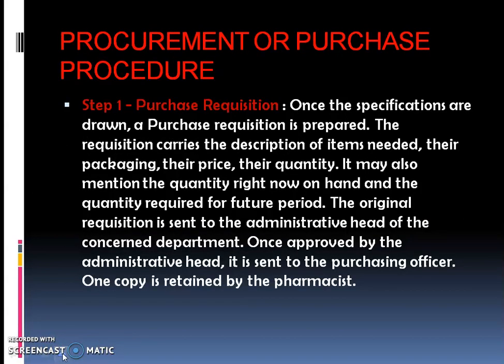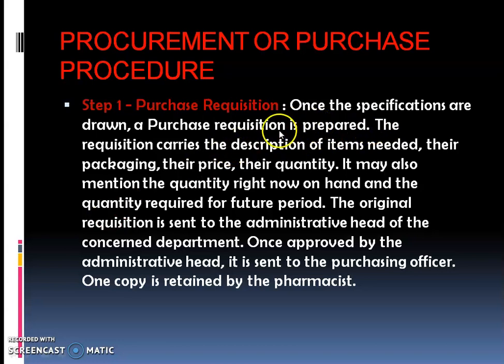Then procurement or purchase procedure. What are the steps involved in procurement or purchase? So, first step is purchase requisition, meaning preparing the purchase slip or requisition. Once the specifications are drawn, the purchase requisition is prepared.